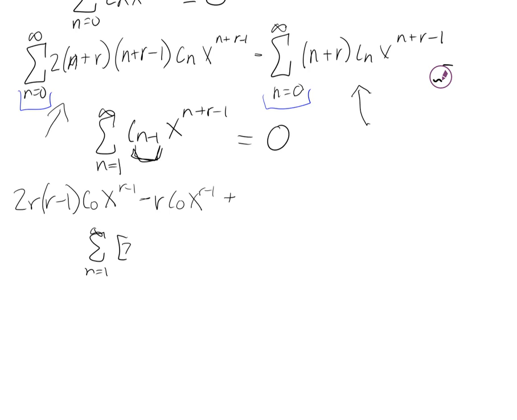So we do 2 times n plus r times n plus r minus 1 c sub n, and then we subtract that from the next sum, which is n plus r times c sub n minus 1. And that's all times x to the n plus r minus 1 equals 0.